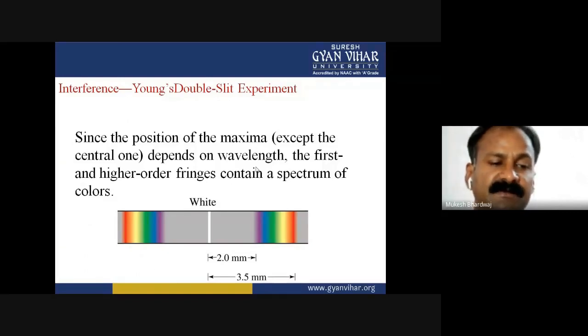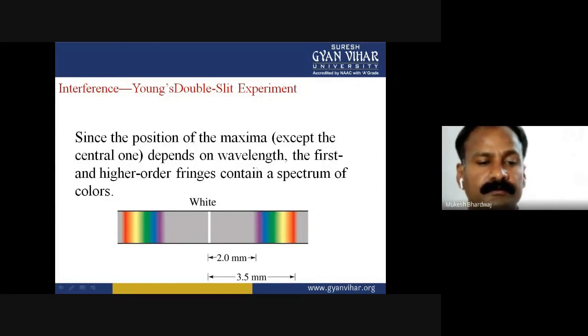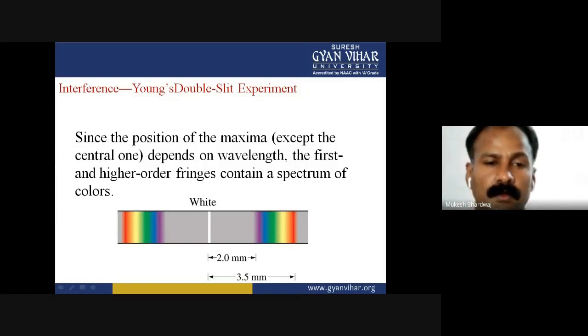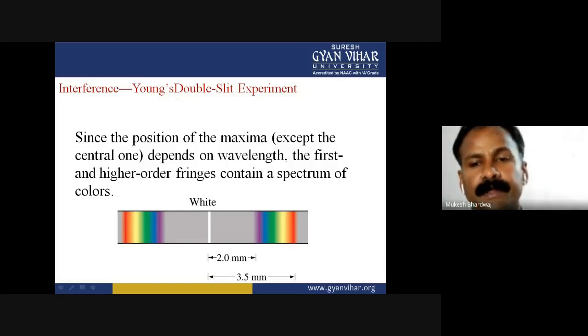In fact, a biprism is made out of a single piece of glass by grinding and polishing.